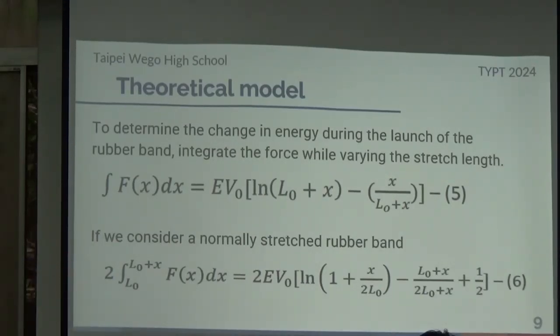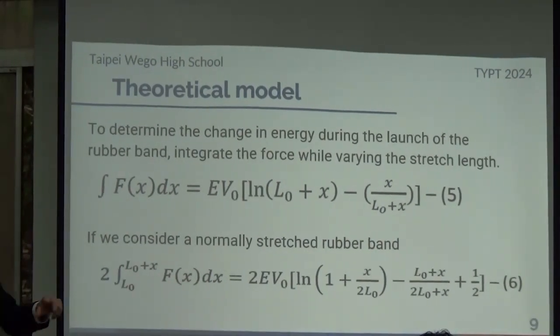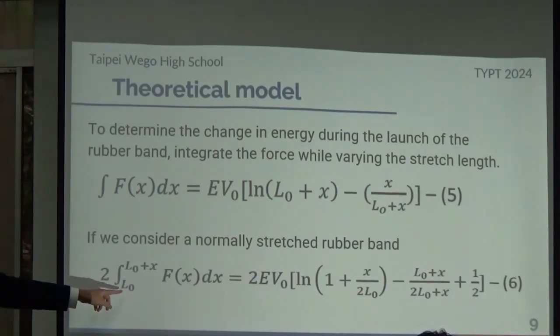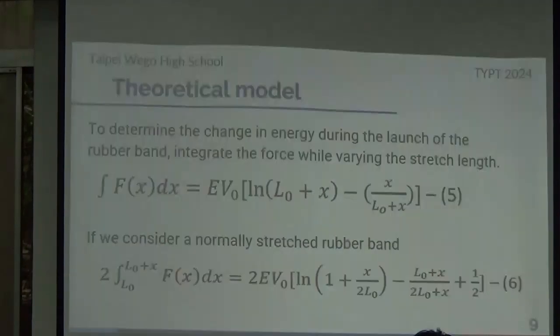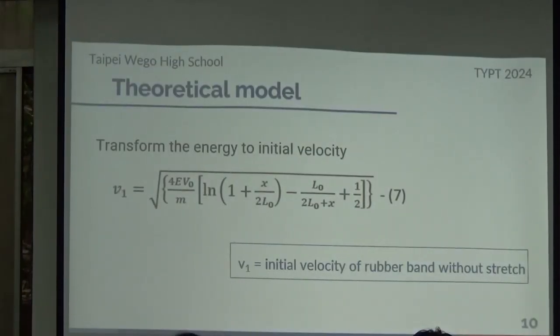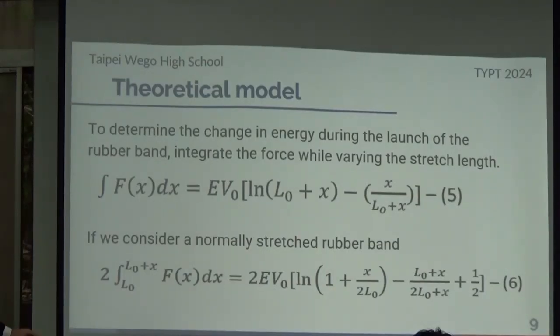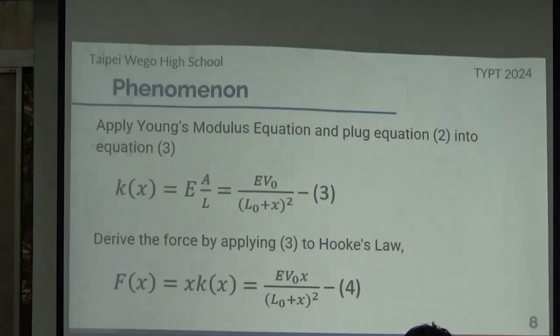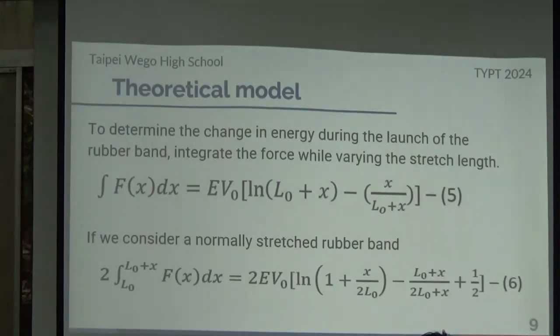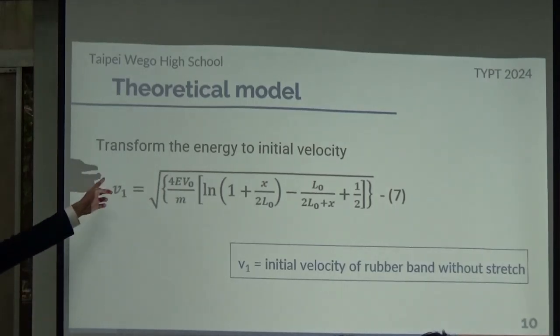If we consider a normally stretched rubber band, the upper bound of this integral is the original length of the rubber band plus the stretch length, and the lower bound is the original length. This transforms the energy into initial velocity by energy conservation.